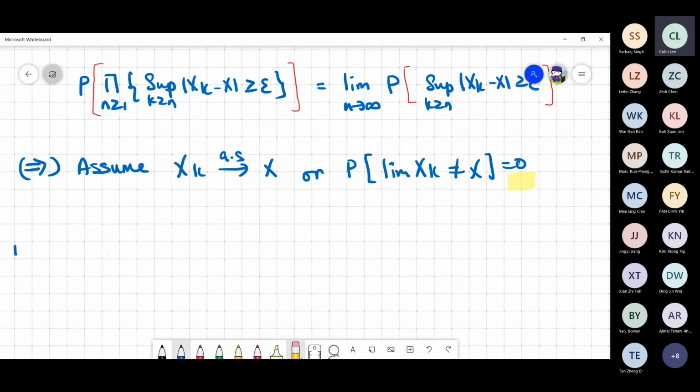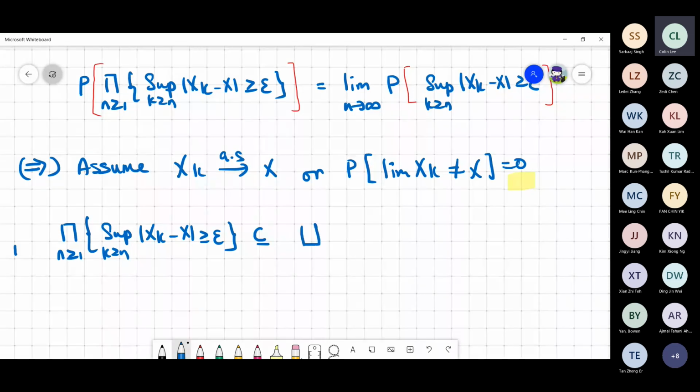Maybe we start off with this one first. We have this, the intersection over n greater than or equal to 1 of the supremum of Xk minus X greater than epsilon. This is always a subset of this union. So this is always a subset of these things, right? I think this is clear.